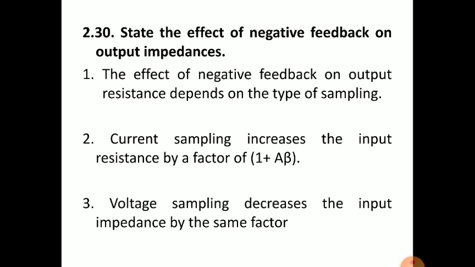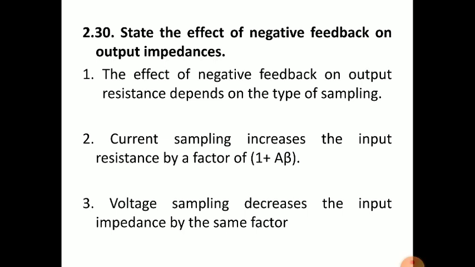So depending on that sampling, the resultant output impedance of the amplifier network changes. For current sampling, the output resistance increases by a factor of 1 plus A beta, because for current sampling you need to connect it in series, and voltage sampling decreases the output impedance by the same factor, that is 1 plus A beta.